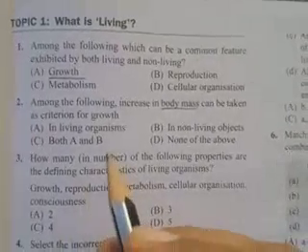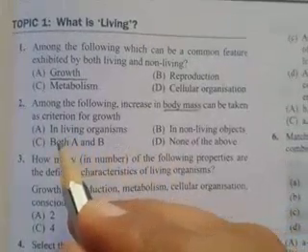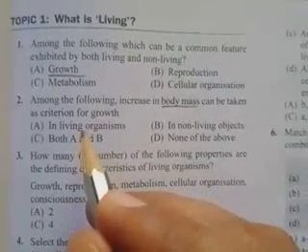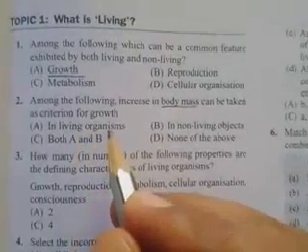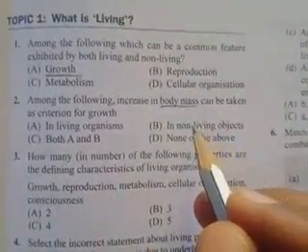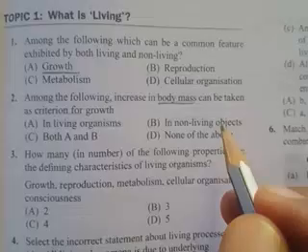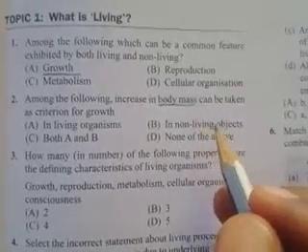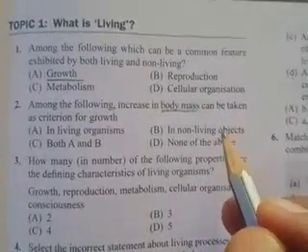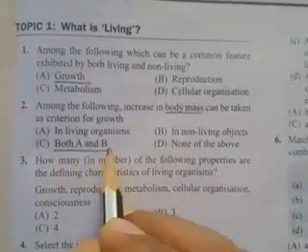Here the answer is both A and B, because the body mass is increased internally by living organisms and externally in non-living objects. Externally growth is possible here, and it also increases the body mass, meaning the object is increasing its size or mass. That's why I consider the answer both A and B, right?